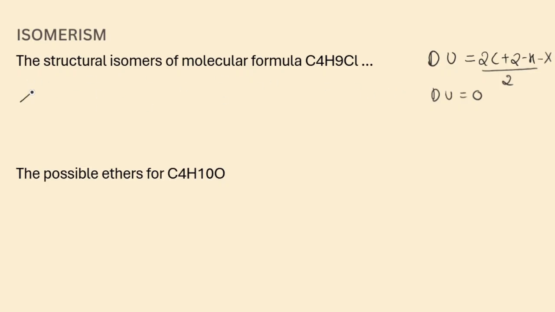Now, write the structures, and I always recommend writing the bond line structures as it will be easy. So this will be 1-chlorobutane. You can write 2-chlorobutane. Don't write 3-chlorobutane because it's nothing but 2-chlorobutane. It's just wrong nomenclature, right? And then you can start doing the branching. So it's isobutyl chloride, and then at the end, you can write tertiary butyl chloride.